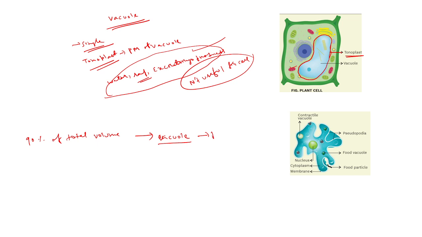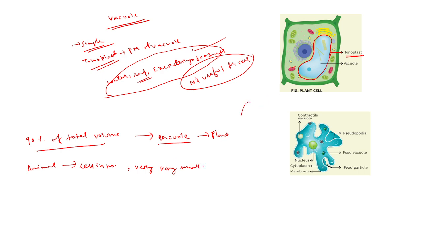But in the animal cell, normally the vacuole can be found or it can be absent. If it is found, it is present in very small numbers and very, very small.